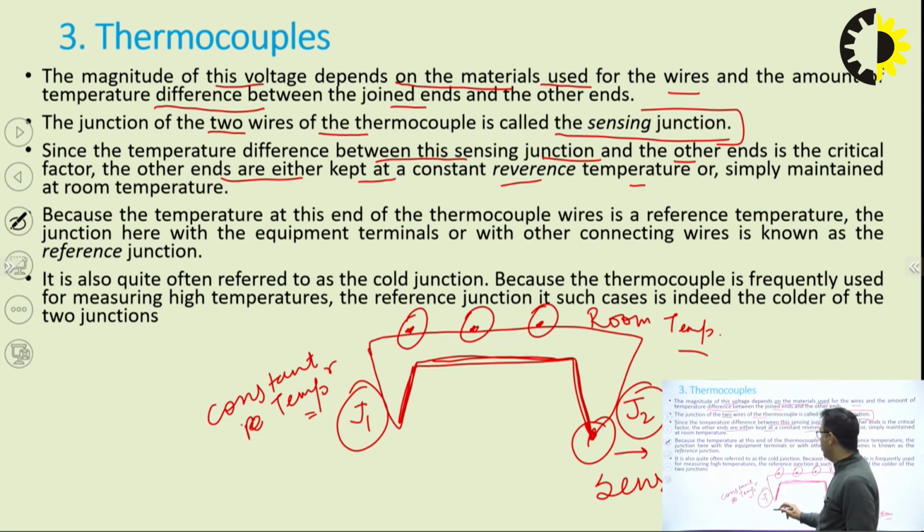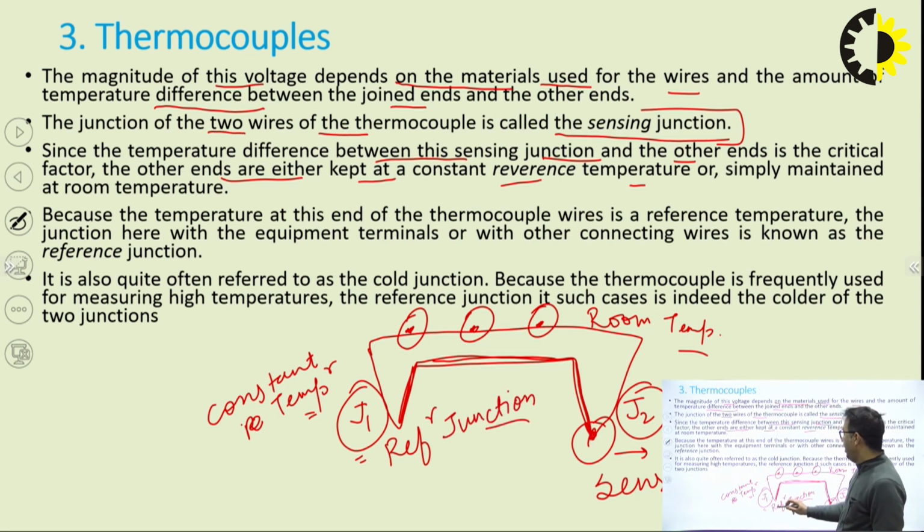It is not in contact with the measuring point. This junction becomes the reference junction, and its temperature is generally taken as 0 degree centigrade. However, we can use other reference temperatures as well, but generally we take 0 degrees centigrade.